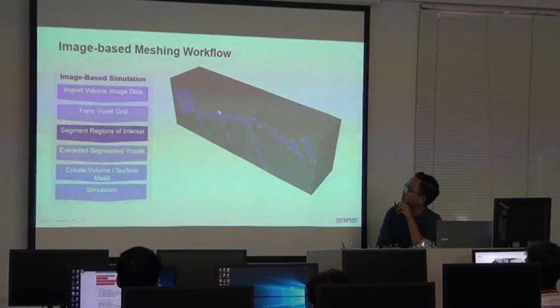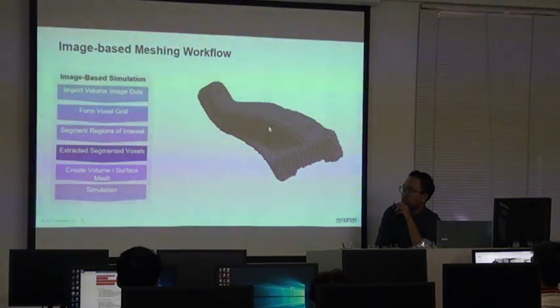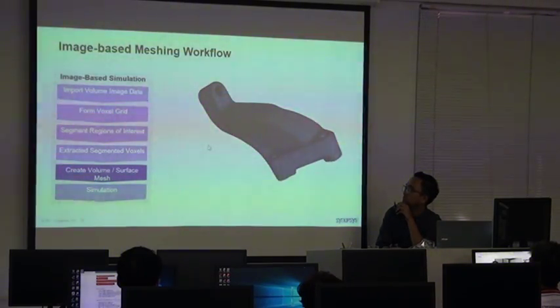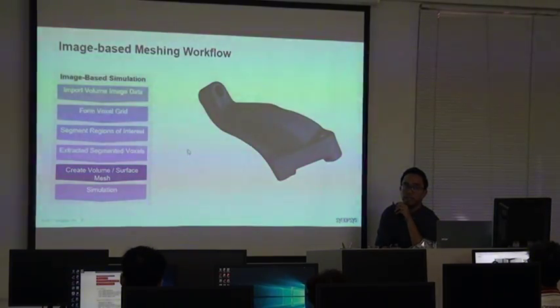So as an example, this is our product, so we do a segmentation of our product, and then we extract the segmented voxels or the selected voxels, and then we create the volume or surface mesh. Alright, so the surface mesh can be used for 3D printing as an example, the volume mesh can be used for FE or CFD simulation. Right.